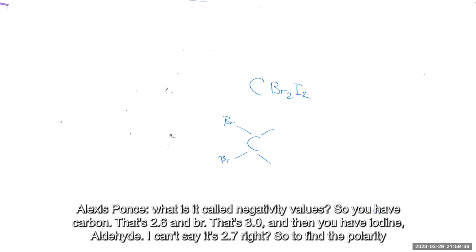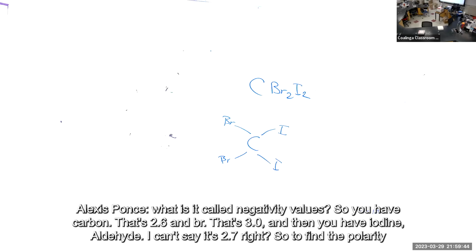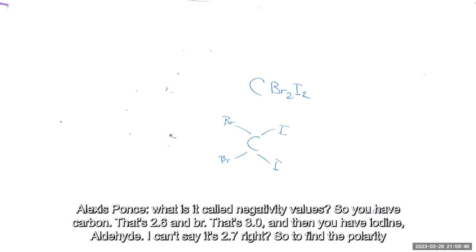In terms of electronegativity values, carbon is 2.6, Br is 3.0, and iodine is 2.7.